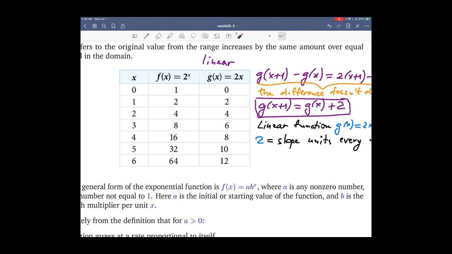If you ask the same question about the function f, you can see immediately that it's not true that f grows by the same amount every unit of time. Within 1 hour, f grows by 1. Within the next hour, f grows by 2. Within the next hour, f grows by 4.